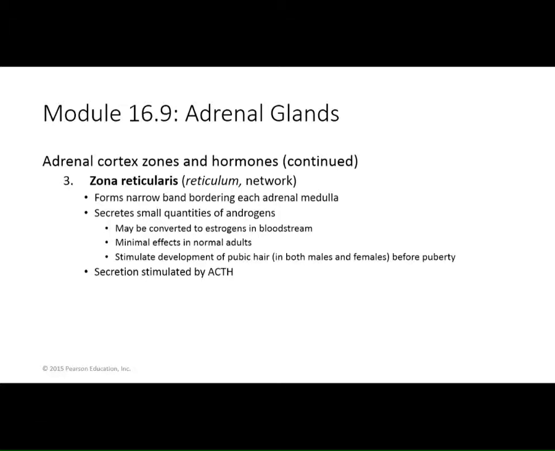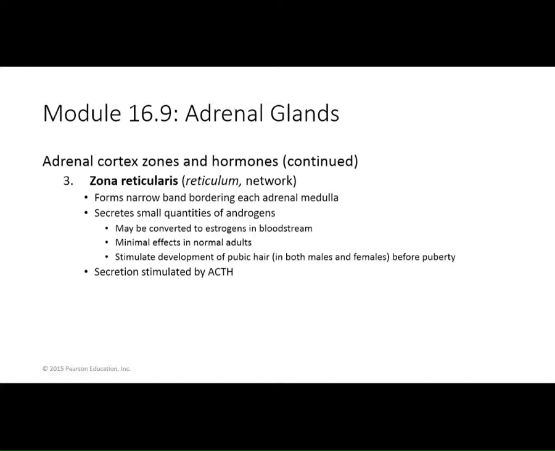Let's keep going through these layers. The inside layer of the cortex is called the zona reticularis. Here we're releasing androgens, sex hormones. Women make testosterone. The testosterone that women make comes from this layer, the reticularis layer. Guys also make some from here.